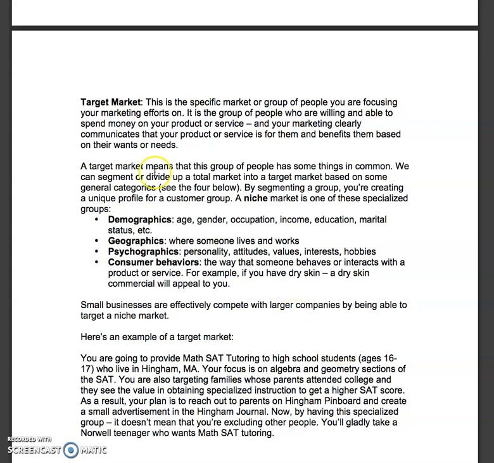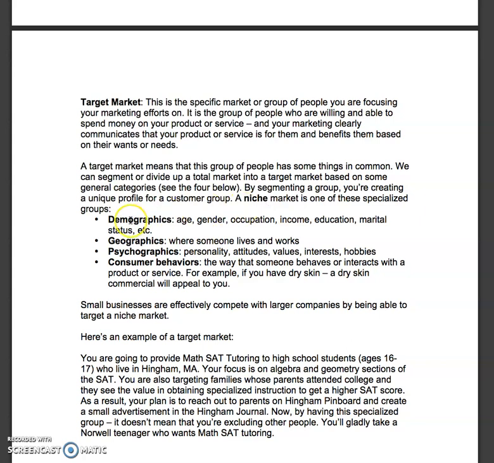So a target market means that people have something in common. We need to divide this group into some broad categories so that we can create this unique customer profile. The word niche, N-I-C-H-E, some people call it niche, is what makes your product or service special or unique.